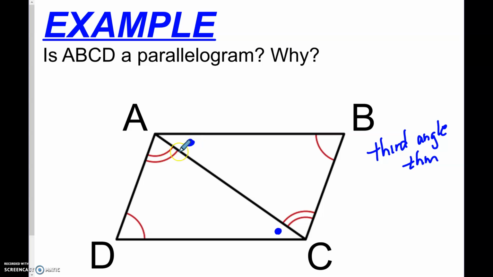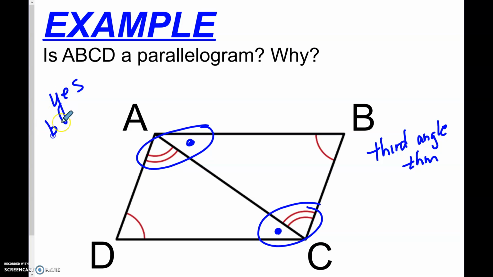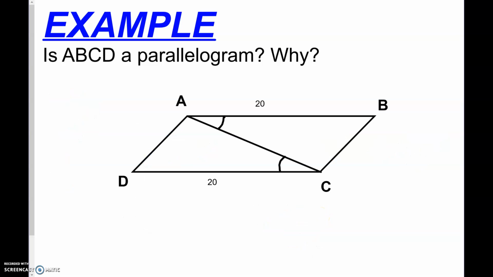So now we have a double and a dot, double and a dot, and a double and a dot. Doesn't this make A congruent to C? So this would be yes. Why? Because both pair of opposite angles are congruent. Okay, so we had to use the third angle theorem to get these angles congruent in the triangles. And then these together make A and C congruent. So yes, this is.